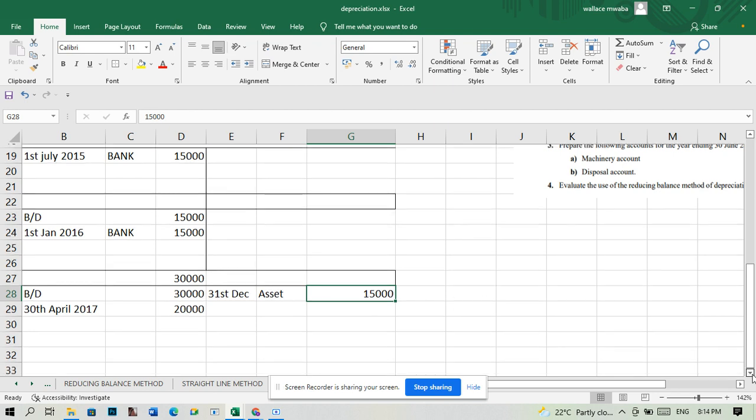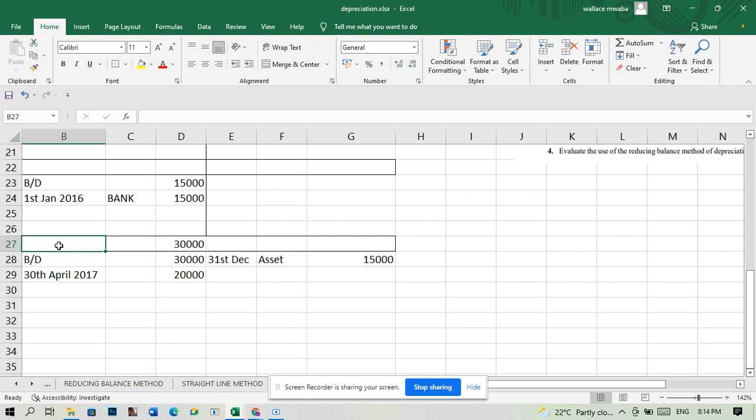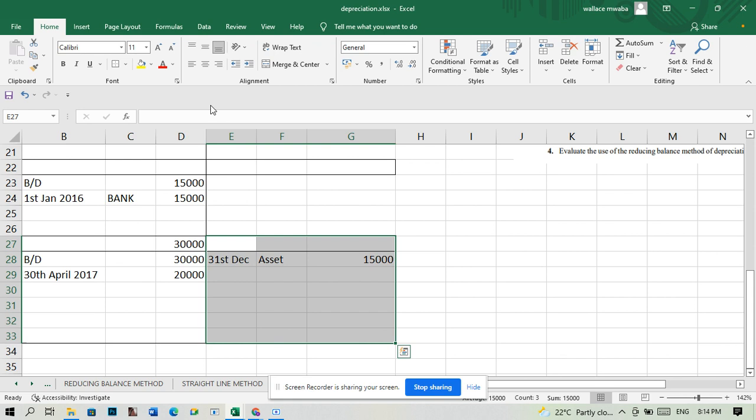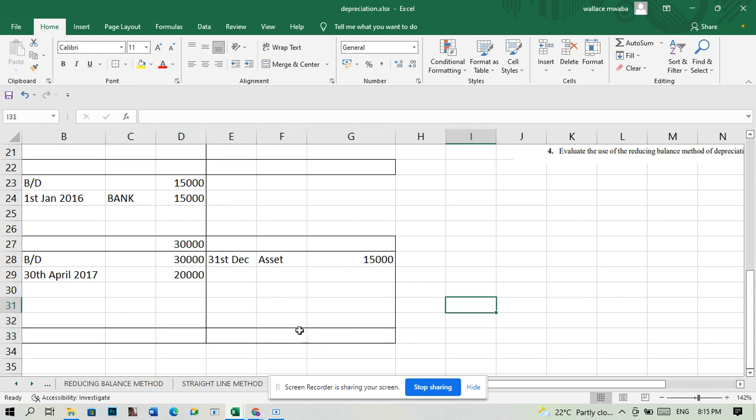Okay, so let's find our balance for our machinery account. We're going to compare which side is higher, the debit or the credit side, and we can see that it's our debit side.